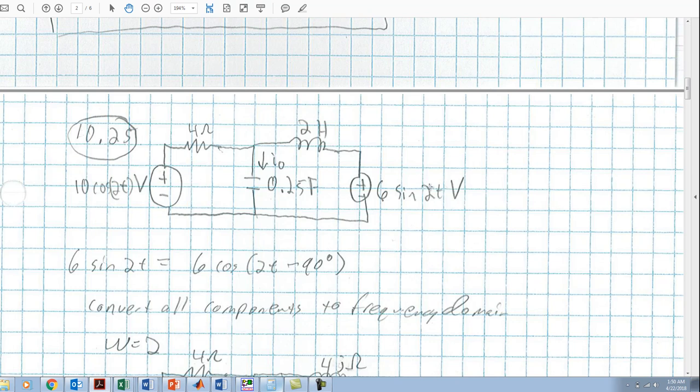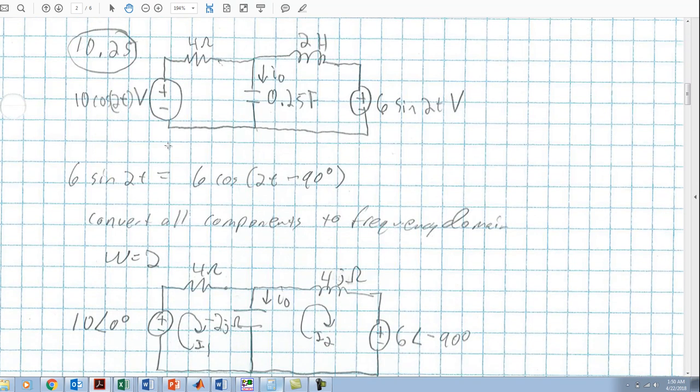And so I'm going to go ahead and convert that into cosine form before I convert everything to frequency domain, so that way I can make a phasor in cosine form for both voltage sources. And so here we see 6 sine of 2t is equal to 6 cosine of 2t minus 90 degrees.